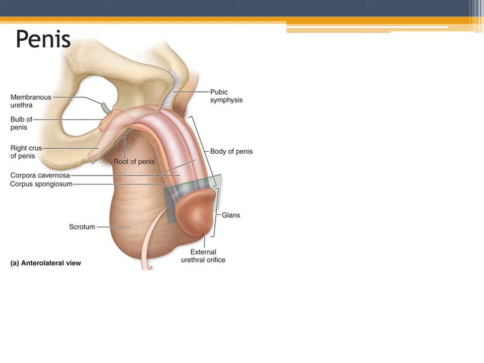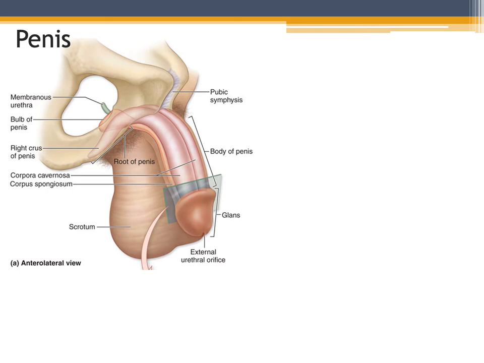The corpus spongiosum will contain the urethra, whereas the corpus cavernosum is going to be containing the large amount of blood supply and allow for what's referred to as the erection of the penis. The corpus cavernosum will be anchored at the crus, whereas the corpus spongiosum will be anchored at the bulb. We then get to the glans, which is the most anterior region of the penis, with the opening of the external urethral orifice.